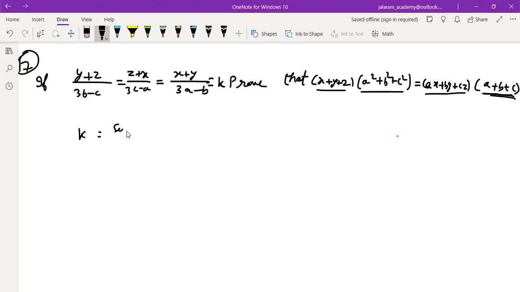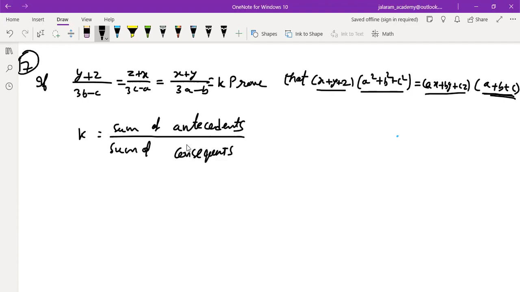k equals, and we use sum of antecedents upon sum of consequents. You can check this in rough whether you are getting something from what we want to prove or not. So if you add the antecedents y plus z plus x plus y plus z plus x, we get y plus y 2y, x plus x 2x, z plus z 2z, that is 2x plus 2y plus 2z.